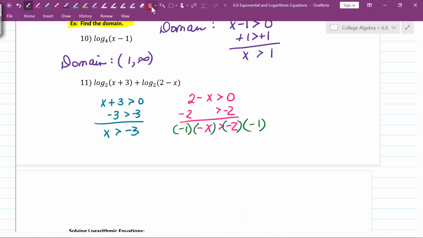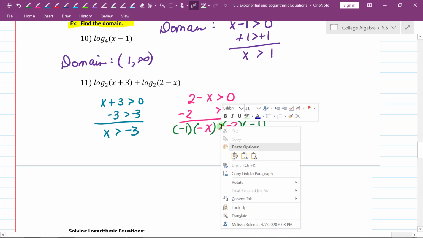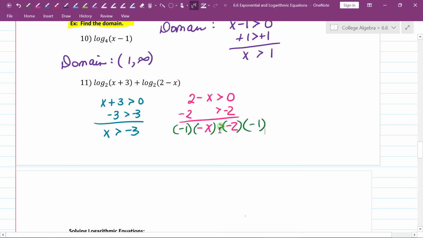And it's very important that you remember when I multiply or divide through by a negative, that I have to flip my sign. So a negative 1 times a negative x gives me a positive x. Because I multiplied by a negative number, I flip my sign. Negative 2 times negative 1 is a positive 2.